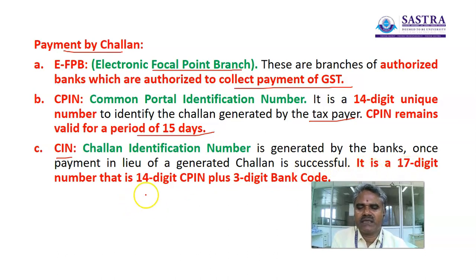It is a 17-digit number: the 14-digit CPIN plus a 3-digit bank code. So all three are very, very important: Electronic Focal Point Branch, Common Portal Identification Number, and Challan Identification Number.